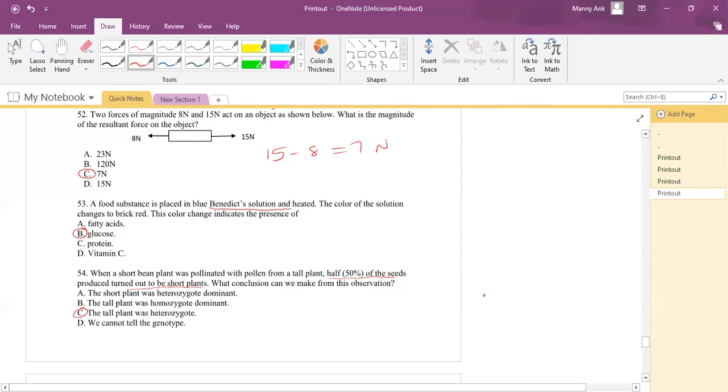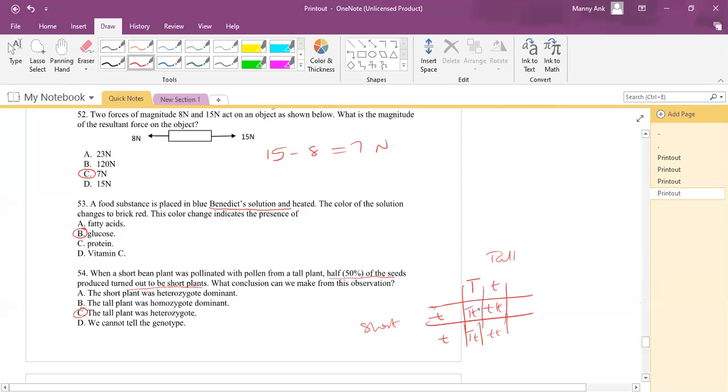Shortness is recessive. So if you're doing the Punnett Square, it will look like this. So it's short, so you have lowercase. Now, the tall one, if it's heterozygous, the genes should be this. Now, if you cross that, you have uppercase T, lowercase t, then lowercase t here, and lowercase t.